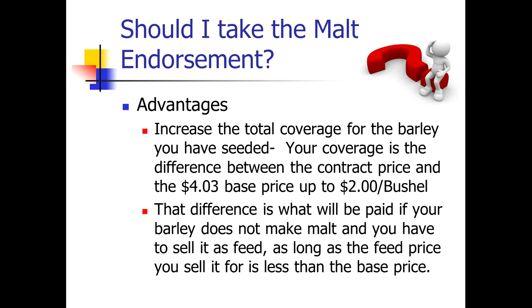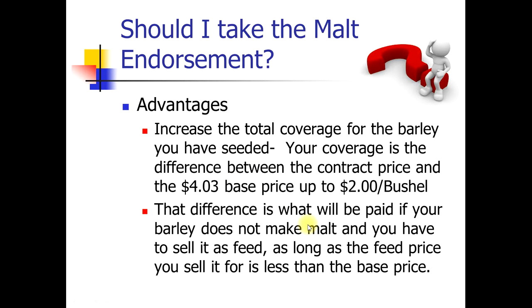We'll get into an example here, but basically if all your barley gets rejected but then the feed market runs way up, so you're selling all your feed barley for $6 a bushel, let's say next fall, even though it's rejected for malt, you would actually end up getting the difference between the $6 you sold the feed for and the initial $4.03 base price taken off of your malt guarantee.